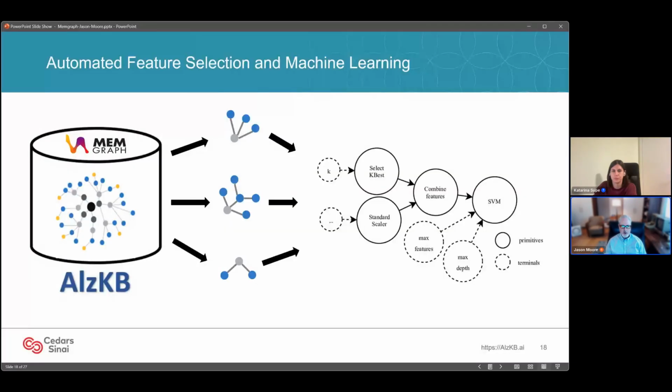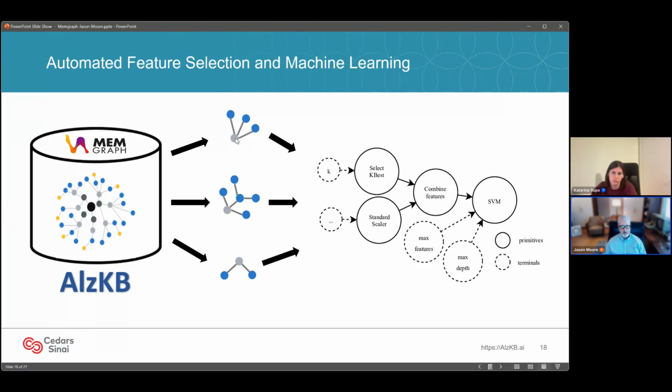And so I talked earlier about automated machine learning, that we have this method for automatically building machine learning pipelines. And what I'm interested in is how we can use our graph database and the knowledge graph that I've talked about to inform feature selection for the automated machine learning pipelines that are being developed. You could think of each of these clusters here.